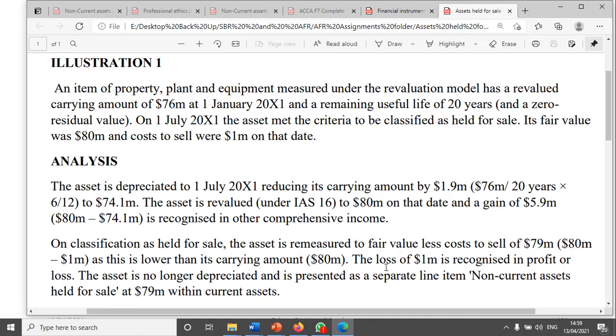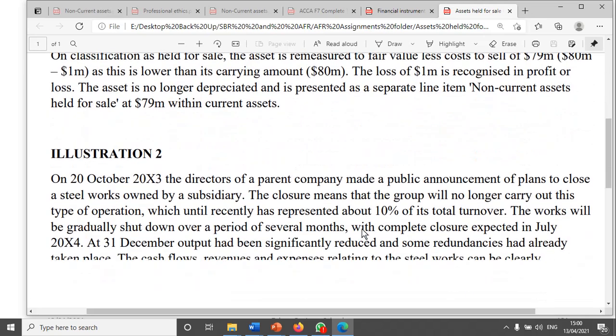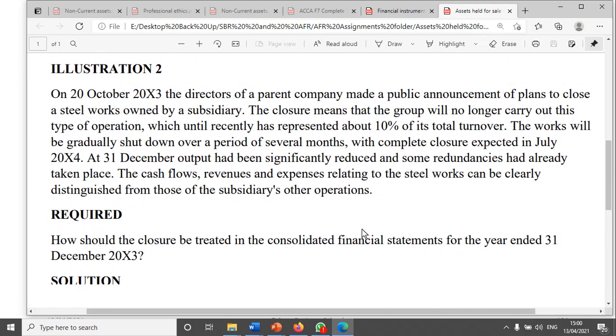So there will be a loss of 1 million recognized in the statement of profit or loss. The asset is no longer depreciated when it is classified as held for sale and is presented as a separate line item, non-current assets held for sale, at 79 million within the current assets section. I hope you will be able to remember that part.